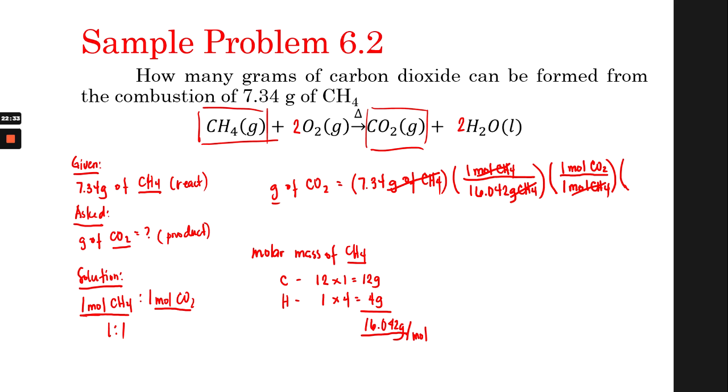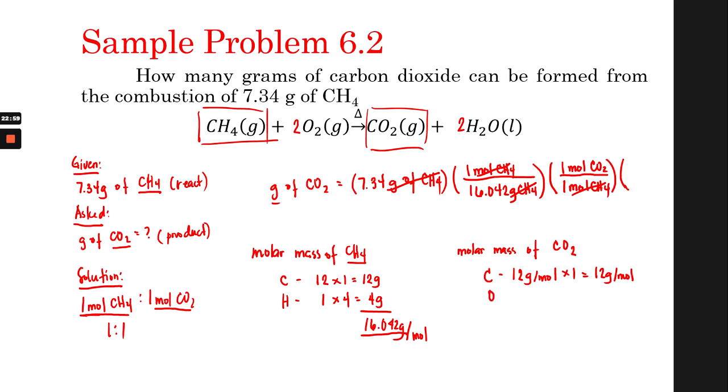How are you going to do that? This is where molar mass again comes into place. You have to find the molar mass of CO2. Again, we know that we have 1 carbon, and 1 carbon is equal to 12 grams per mole. So 12 grams per mole times 1 is still 12 grams per mole.